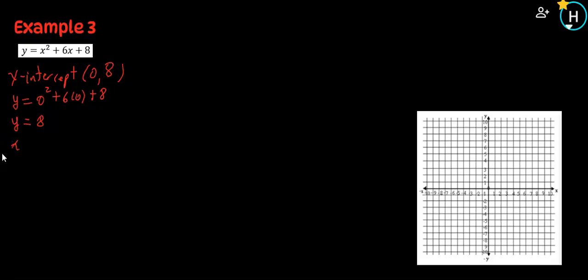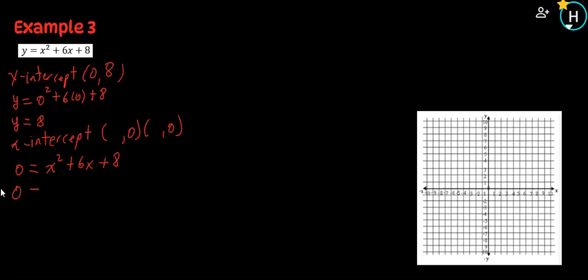Now, to find the x-intercepts, we know that the value of y is 0. If we substitute the value of 0 in the equation, we get 0 equal x to the second power plus 6 times x plus 8. Now, we have a trinomial that we can factor. To factor the polynomial, we find two numbers whose product is 8 and whose sum is 6.